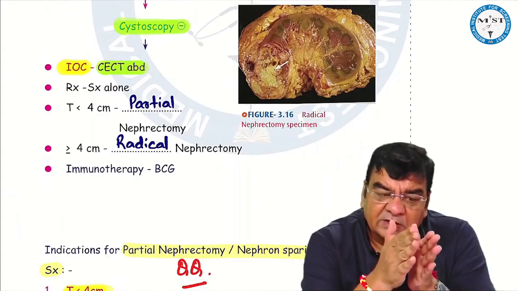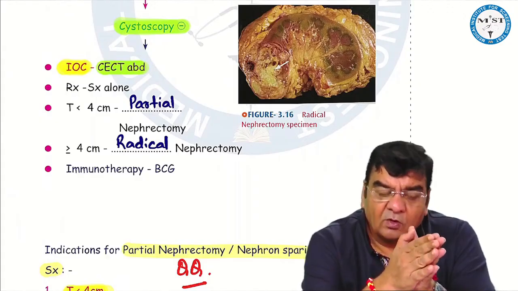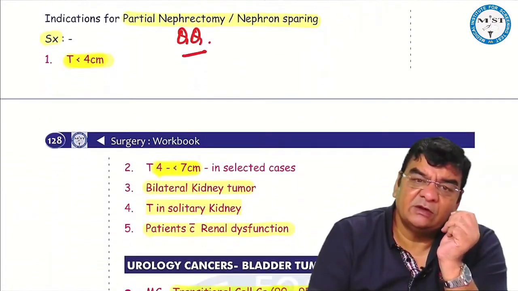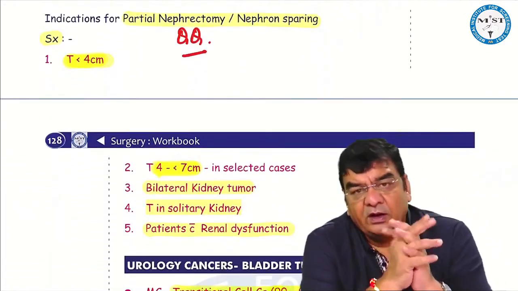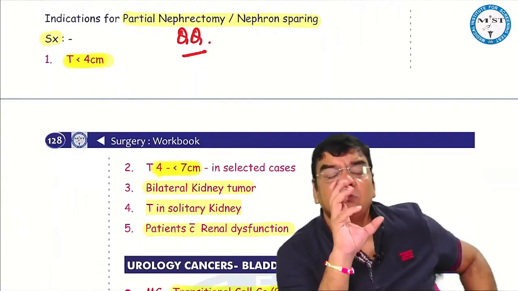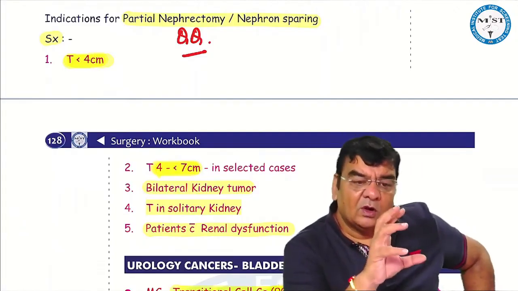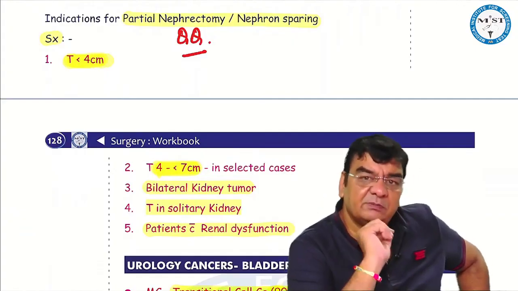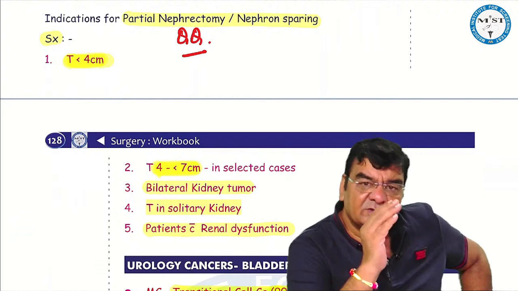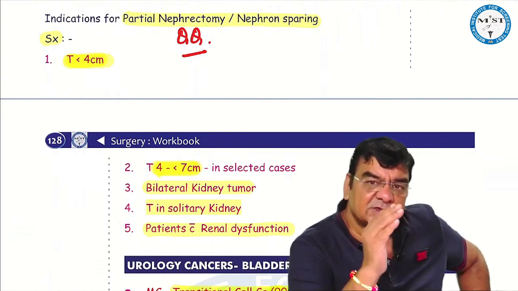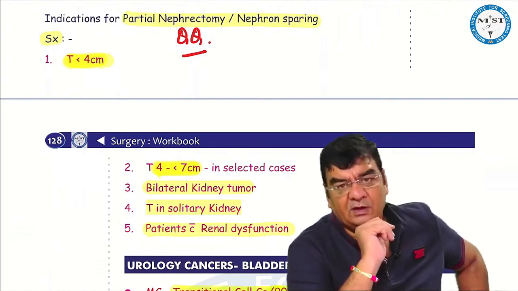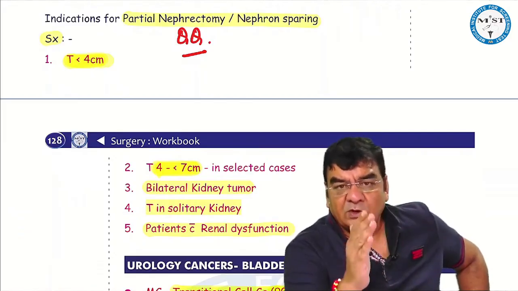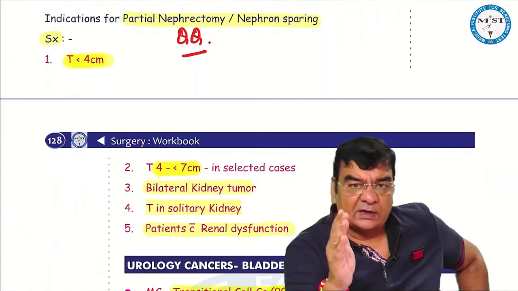If the tumor is less than 4 centimeters in size, or in selected cases 4 to less than 7 centimeters in size, or if there is a tumor in a patient who is having a single kidney, or if there is a tumor in both the kidneys, or if the kidney function is impaired, then we try to preserve as many nephrons as possible, by nephron sparing surgery or partial nephrectomy. But if these are not the cases and the tumor is 4 centimeters or more in size, we go for radical nephrectomy.